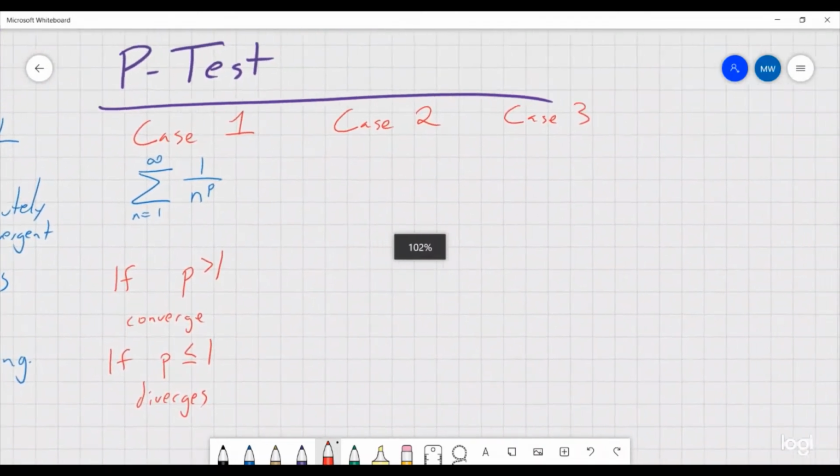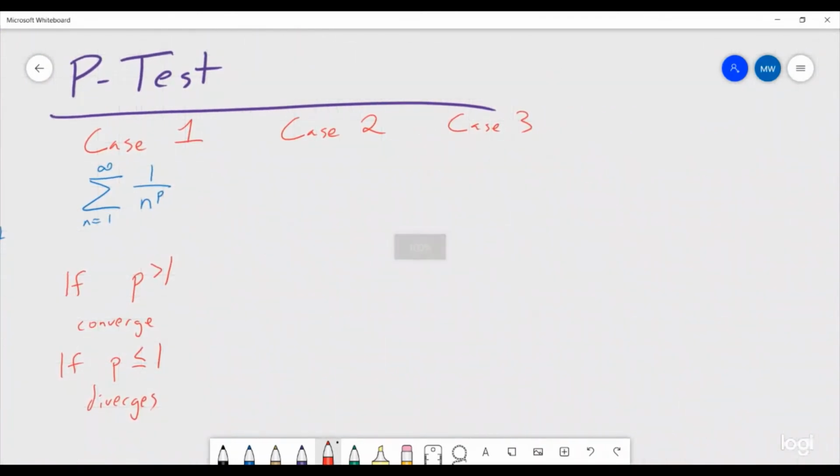The other two parts to the p-test are both for integrals. Specifically, case 2 is for the integral from some constant to infinity, where this constant is bigger than 0, of 1 over x to the p dx.